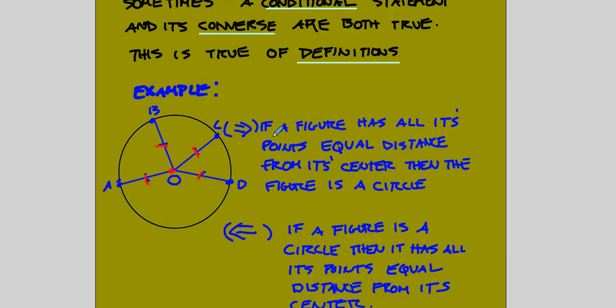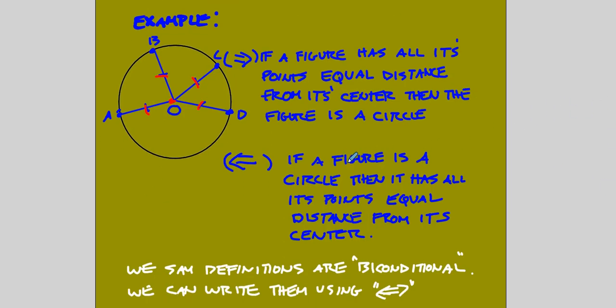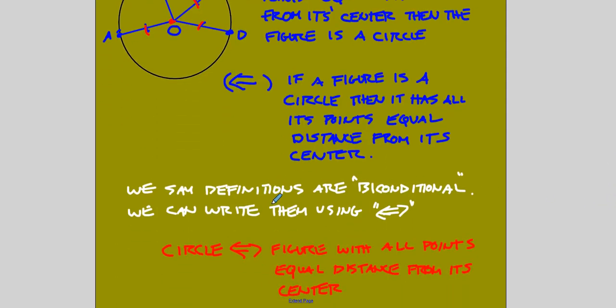So a conditional statement is, if a figure has all its points equal distance from its center, then the figure is a circle. But the converse is also true. If a figure is a circle, then it has all its points equal distance from its center. So definitions are what we call biconditional statements, and we can write them using a double-sided arrow like this. So we could rewrite this whole thing, and I like to do this because it shortens it up a lot.